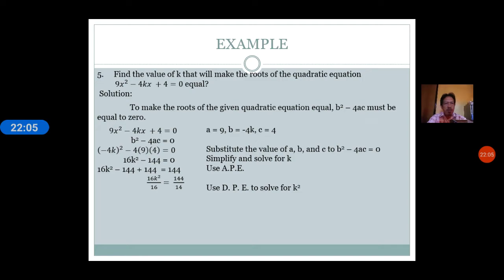Both sides of the equation by the quantity that is equal to the coefficient of the variable. So we have to divide both sides of the equation by 16.